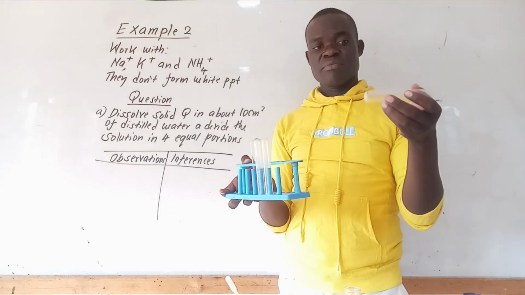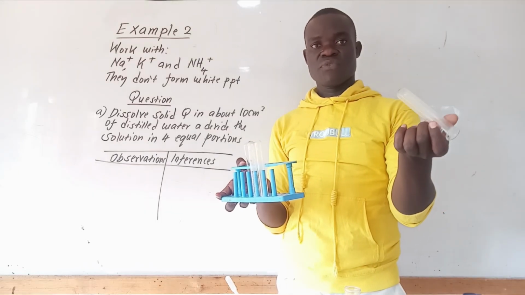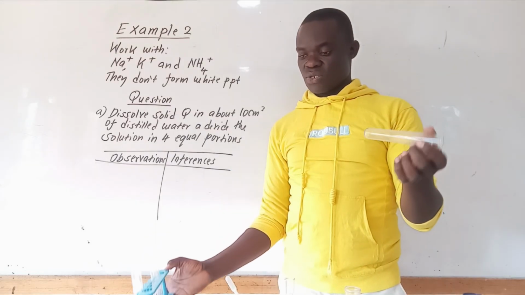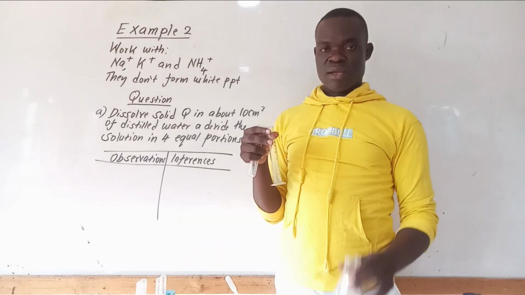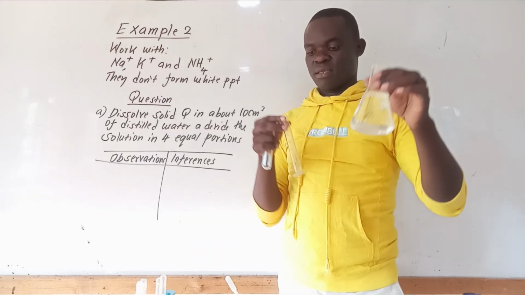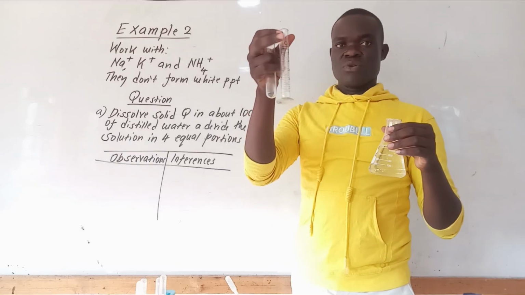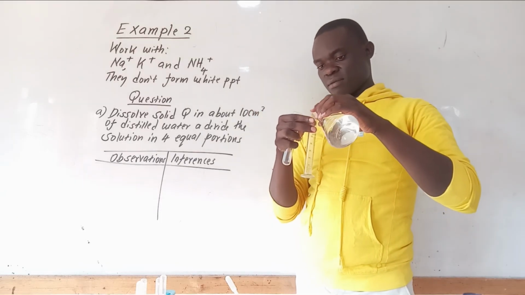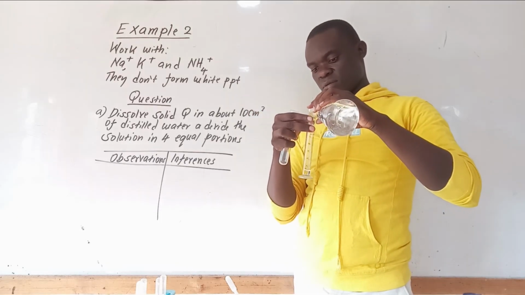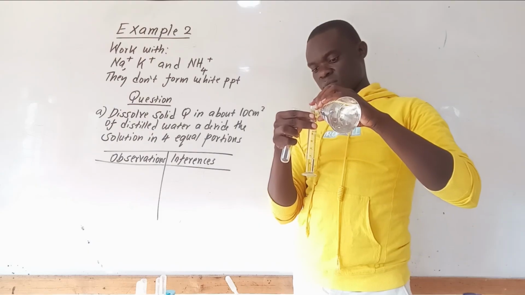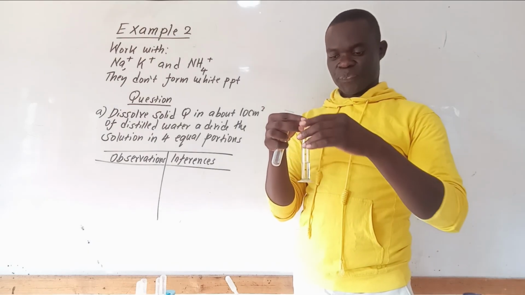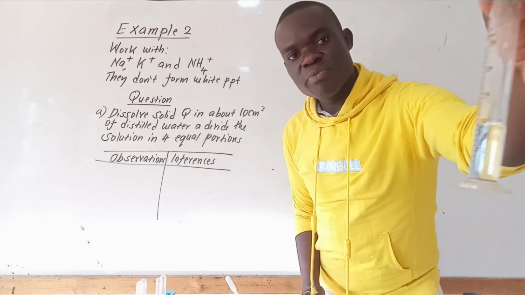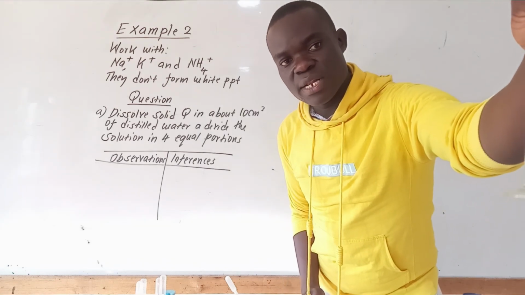The boiling tube we always use to dissolve solids. So we are going to measure 10 cubic centimeters of distilled water using a measuring cylinder. So this is 10 cubic centimeters of distilled water.